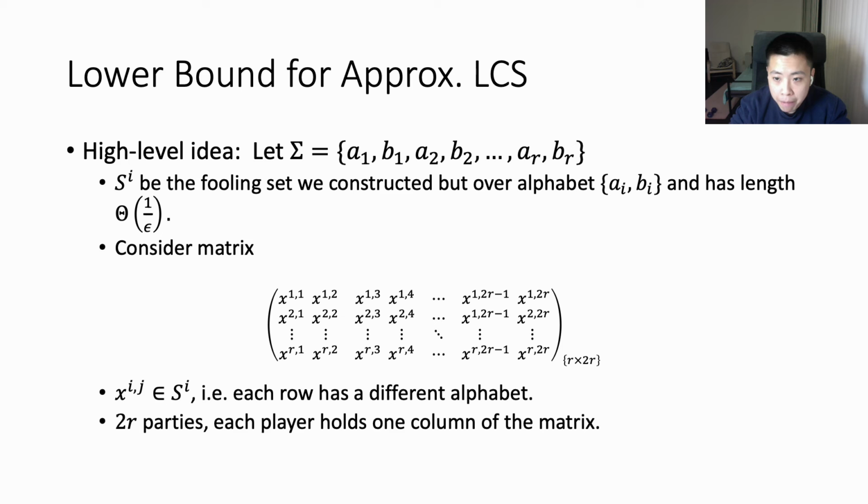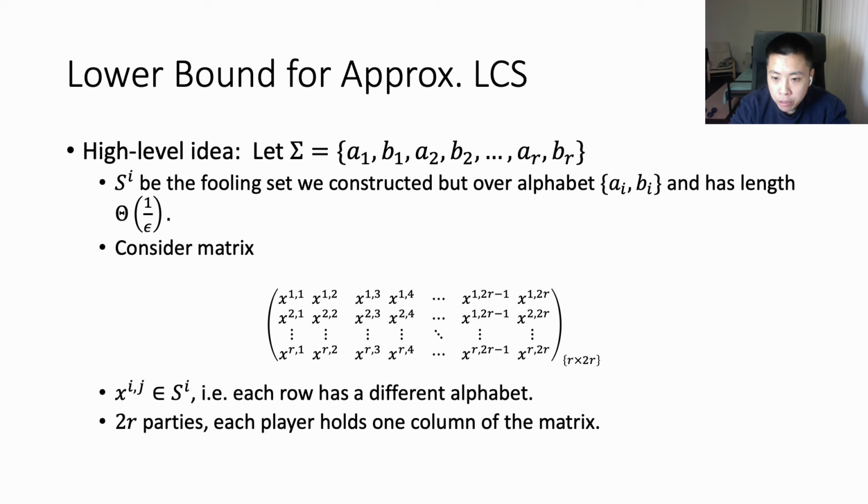We introduce some high-level ideas. For this proof, we consider an alphabet of size 2R with elements A1 to AR and B1 to BR. The set Si is a fooling set we constructed earlier, but over alphabet Ai and Bi, and the strings in Si have length roughly 1 over epsilon.